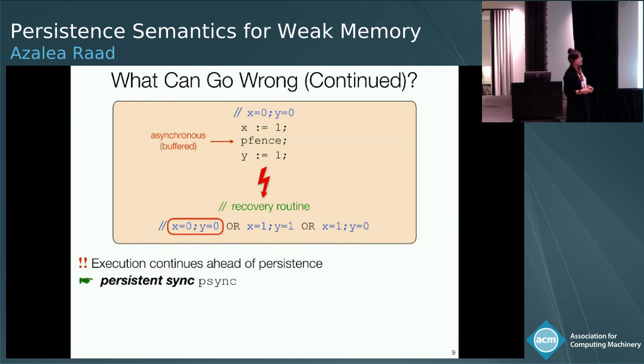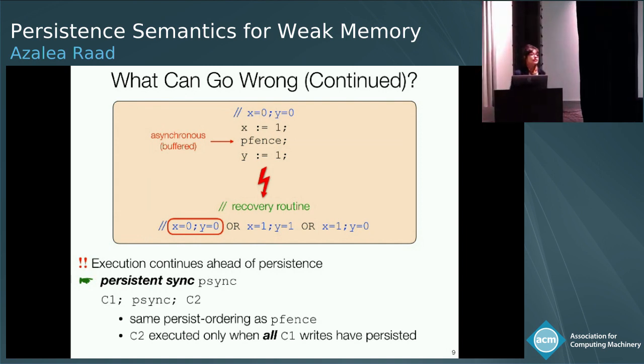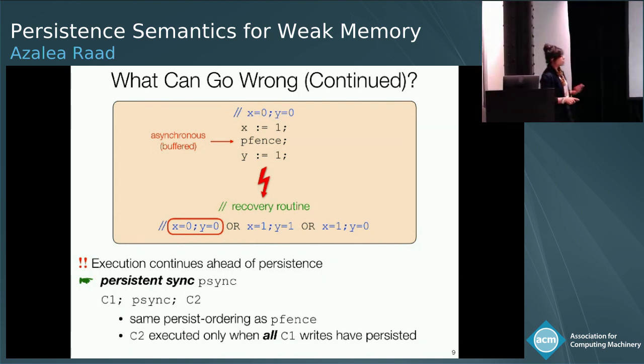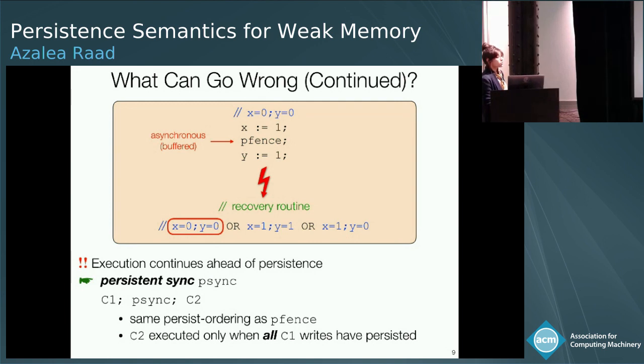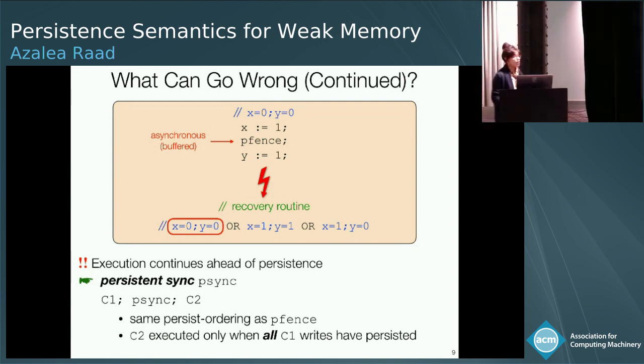And a psync is strictly stronger than a pfence in a sense that it has exactly the same ordering constraints. But additionally, it's synchronous, which means that when I hit a psync instruction, I halt execution until all the pending writes in the buffer are flushed to memory, to persistent memory. And only then I will continue. So here, for instance, the psync halts execution until all the writes in C1 have been flushed to memory.